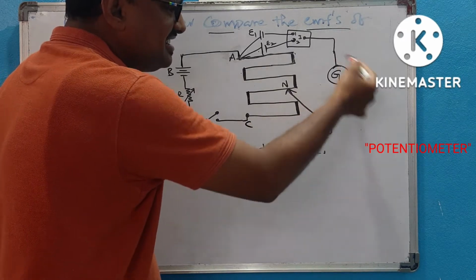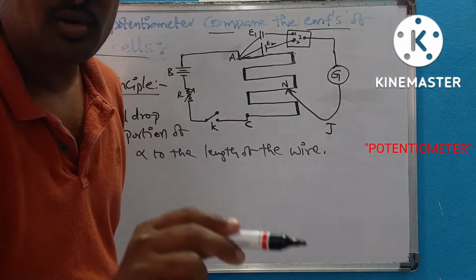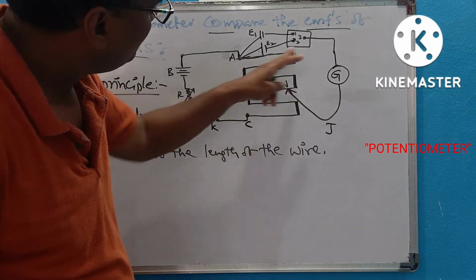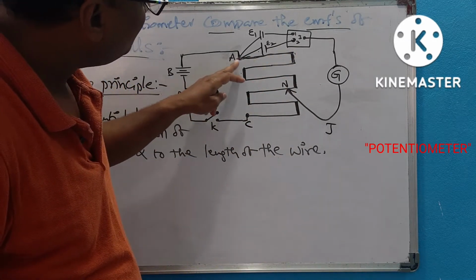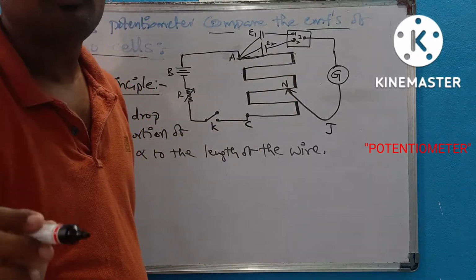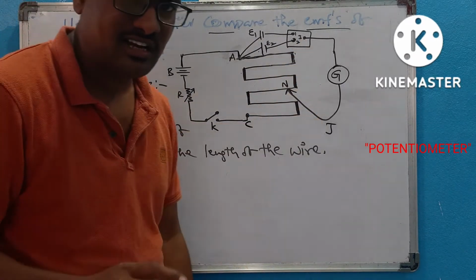How much potential is dropped is directly proportional to the length of the wire, so we can measure the length from point A to where the galvanometer shows null deflection.